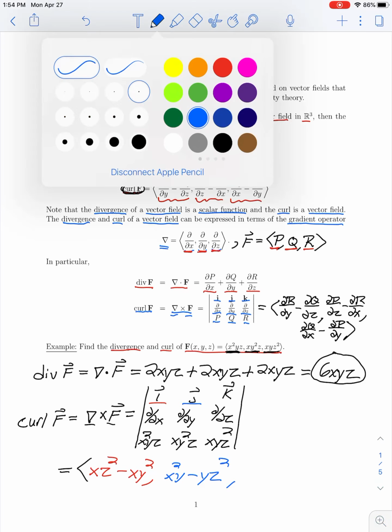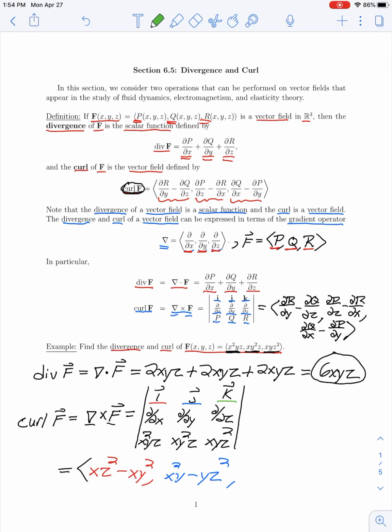And then for our third component function for the curl, that is the k component, we take the determinant of our 2x2 submatrix we get by deleting the kth row and column, and we're left with y squared z minus x squared z.